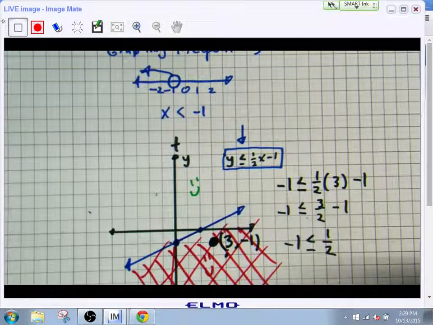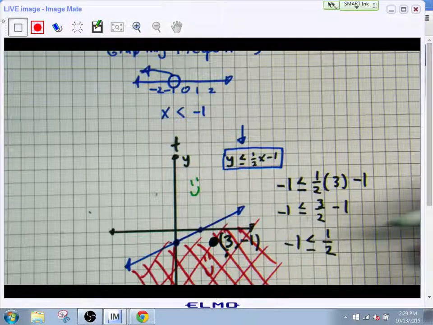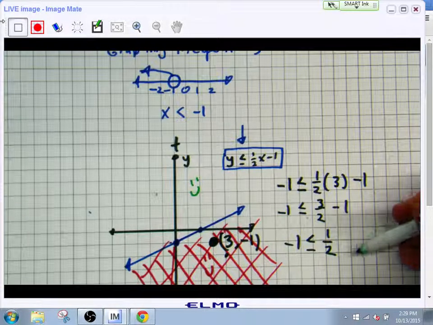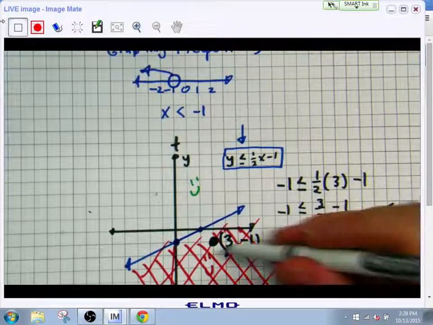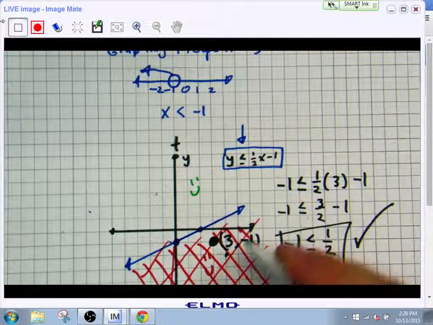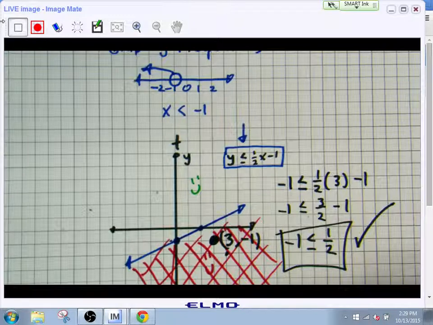Is -1 less than 1/2? Yeah, it is. Being down $1 is worse than having 50 cents. So yeah, this is true. And so this point is true, and that's why it's in the shaded region. Does that make sense?